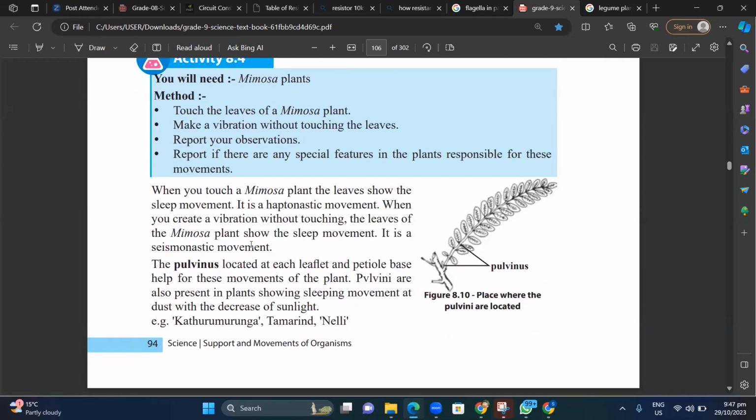Okay, see what other plants show this nastic movement. What is the movement of the rubber plant? As we have discussed, there are plants in nitrogen-poor areas. These plants are not herbivorous.